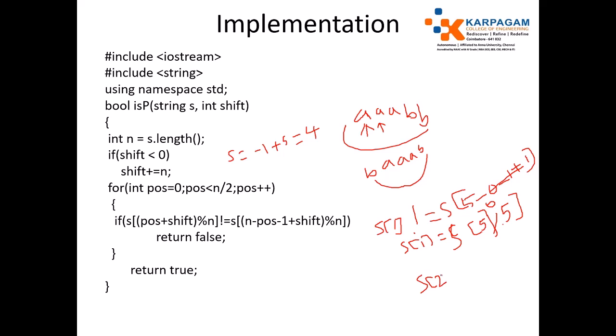Here S of 2 will come. If the position is incremented, here S of 1 will come. Just check 2 and 1, both are same, no? So it continues. In the next iteration, here S of 3 will come, here S of 2.